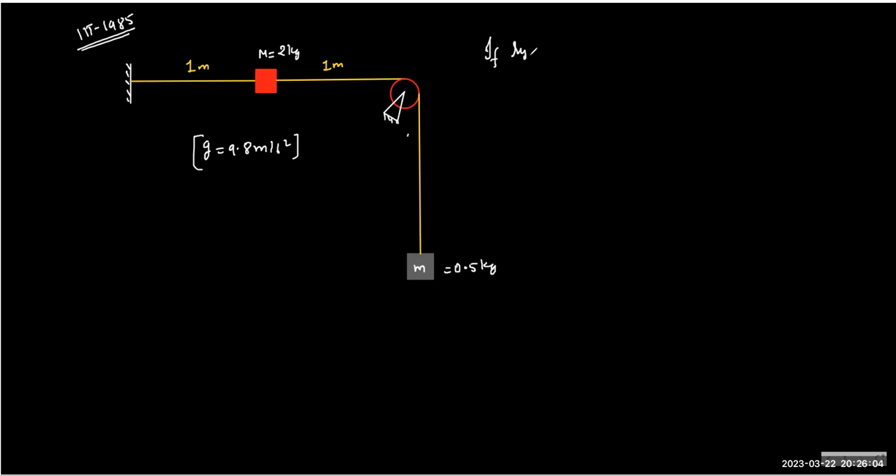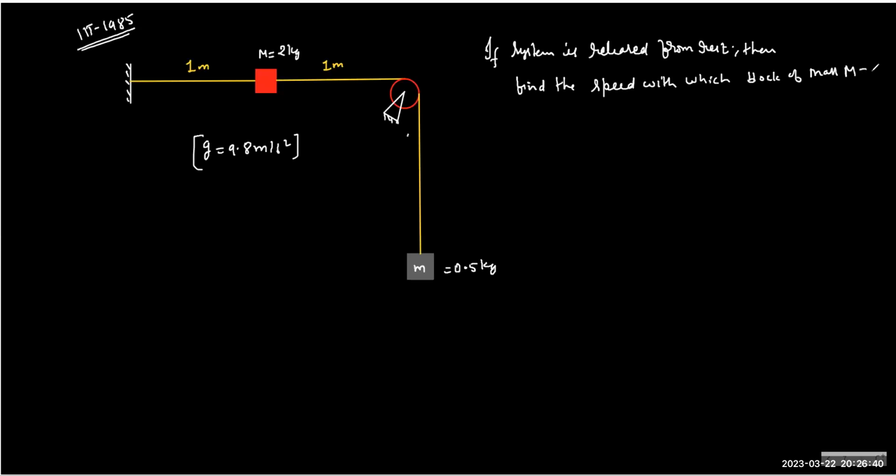If the system is released from rest, then find the speed with which the block of mass M will hit the wall. Okay, the wall is extended actually.